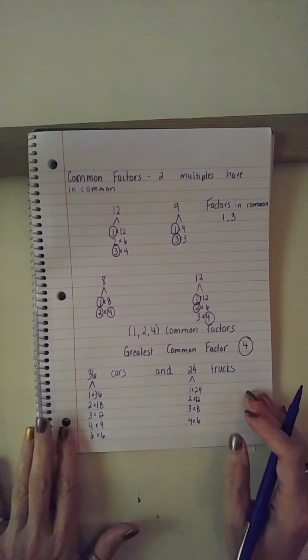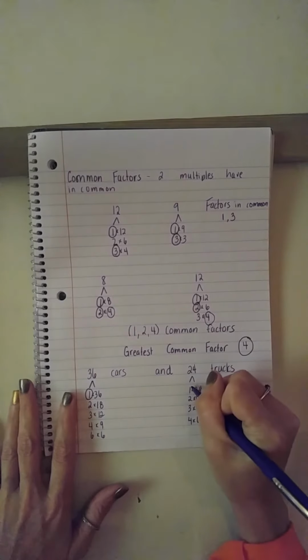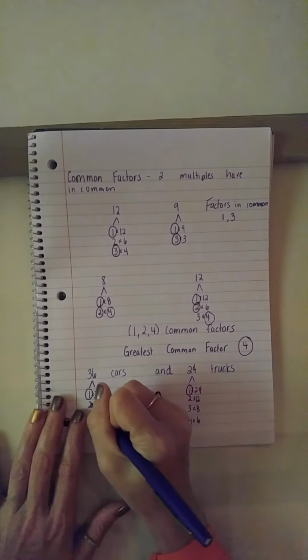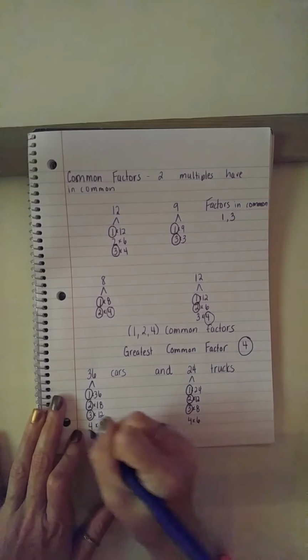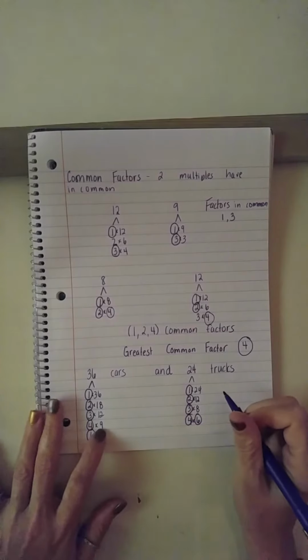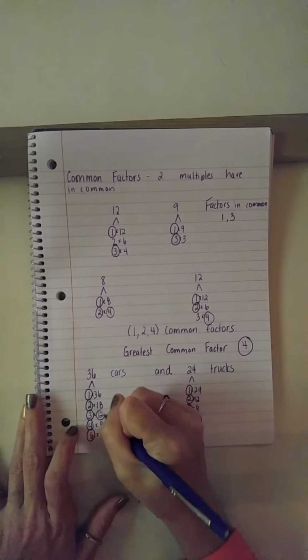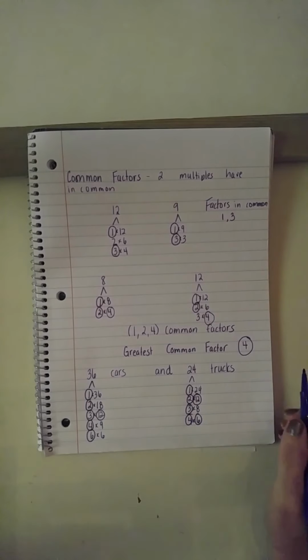So now what I'm doing is I'm finding my common factors. 1 and 1, 2 and 2, 3 and 3, 4 and 4, 6 and 6. Then this one goes to 9. There's 12 and 12, 18, no, and 36. Okay.